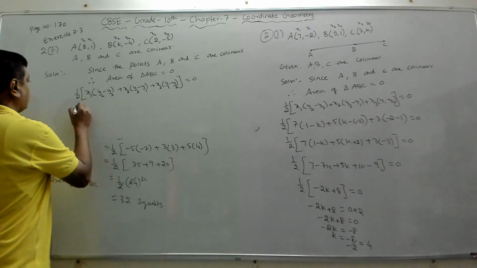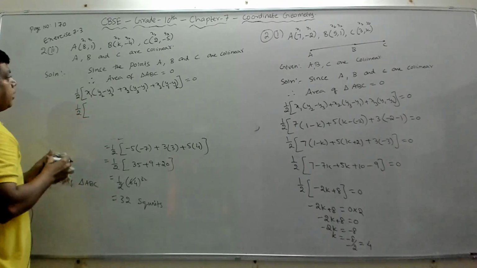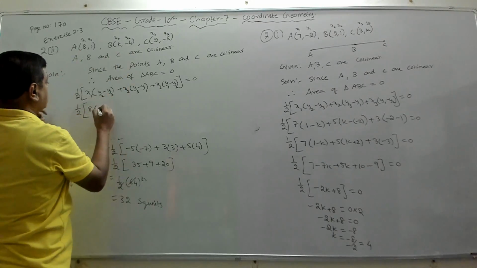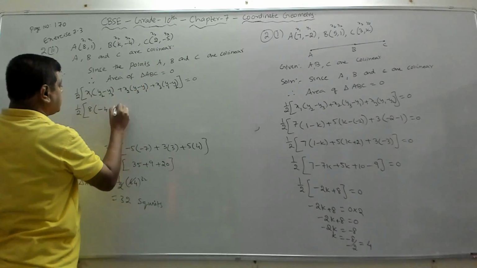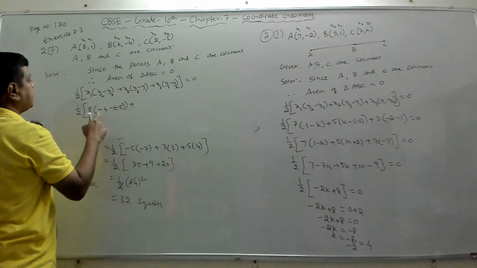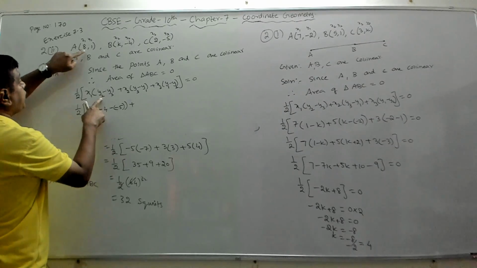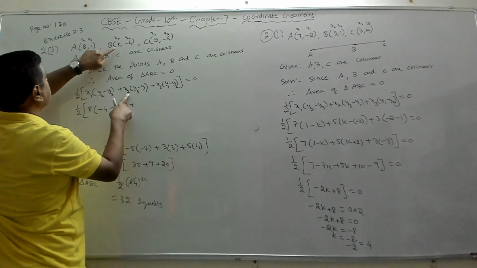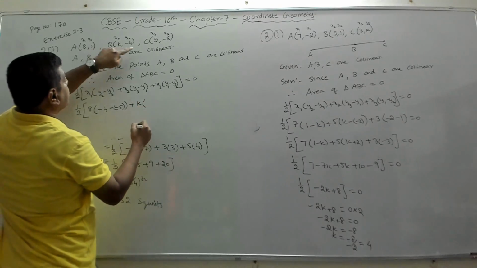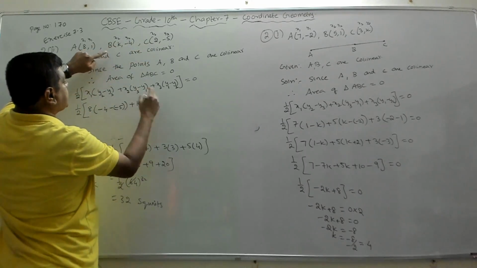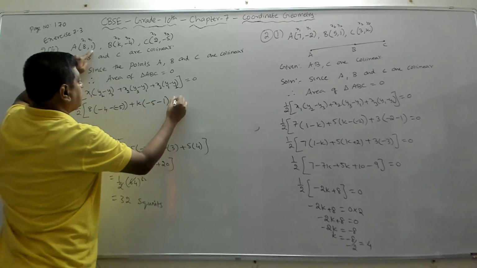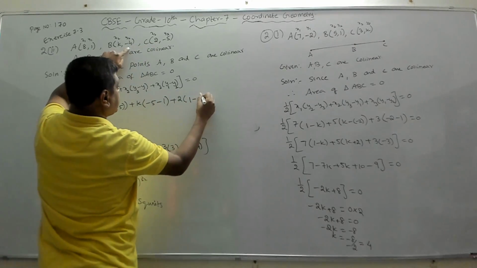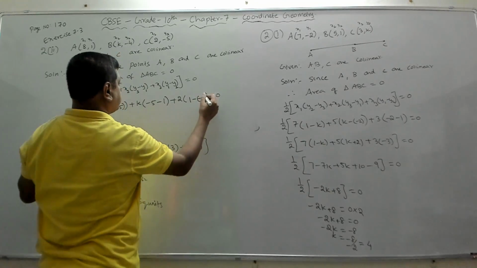If you substitute, what we get is 1 by 2 of x1. x1 is 8 into y2 minus y3. y2 is minus 4 minus y3 is minus 5, plus x2. x2 is k into y3, y3 is minus 5, minus y1. y1 is 1, plus x3. x3 is 2 into y1, y1 is 1, minus y2, y2 is minus of minus 4, equal to 0.